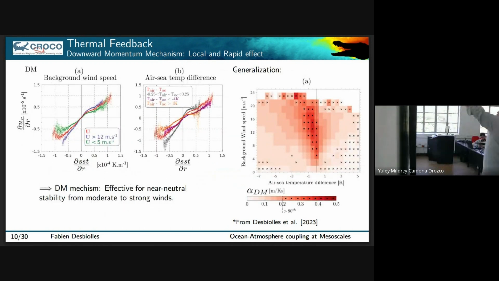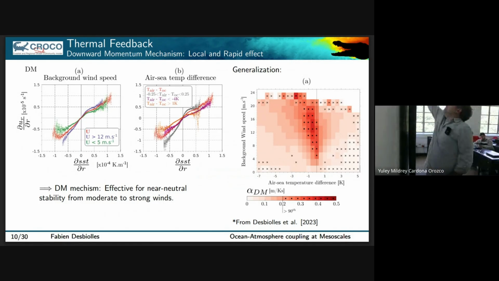On the green, for example, I just did this scatter plot for only winds slower than 5 meters per second. And the violet one is actually wind greater than 12 meters per second, which is kind of a strong wind. And what we see is the stronger the wind, the stronger the slope.